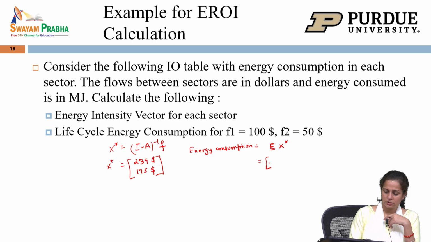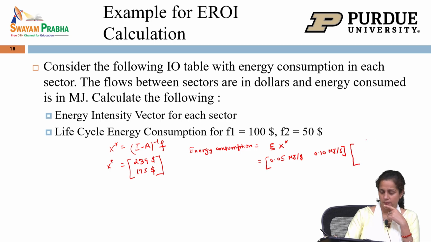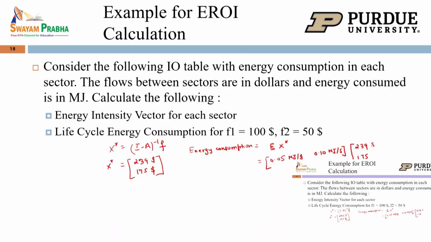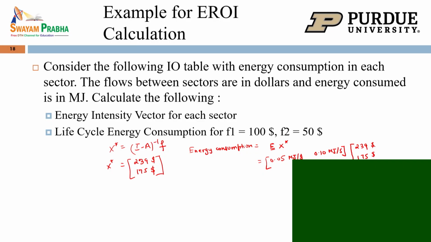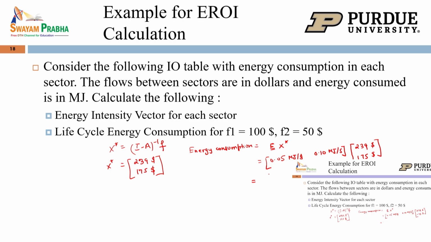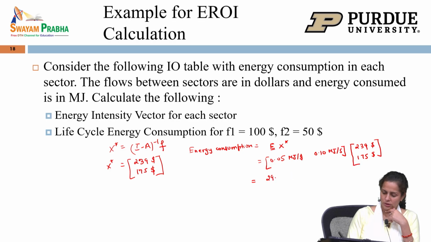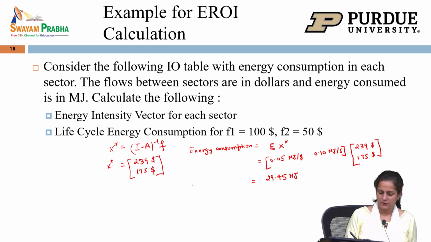Our energy vector is 0.05 megajoules per dollar and 0.10 megajoules per dollar, multiplied by 239 and 175. When you do this calculation, your total energy consumption comes out to be 29.45 megajoules. That is the total life cycle energy consumption to meet this final demand.